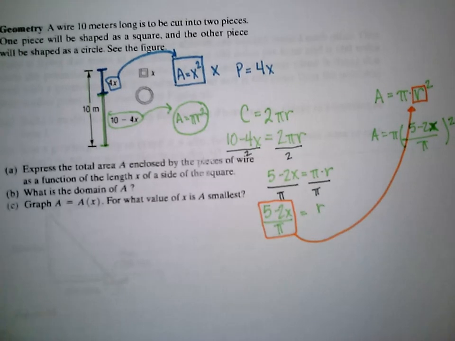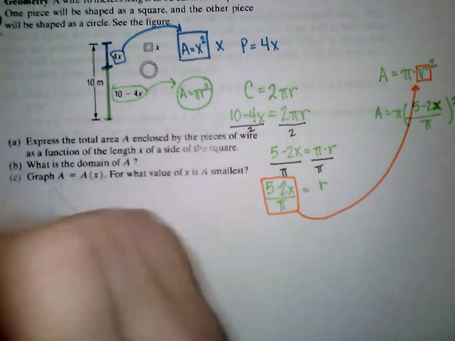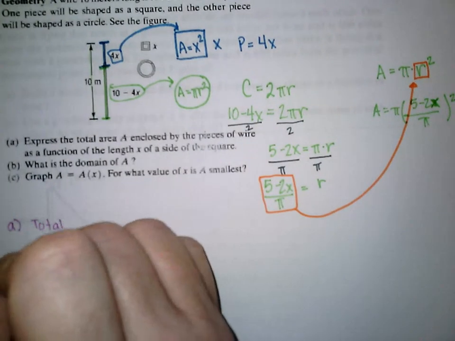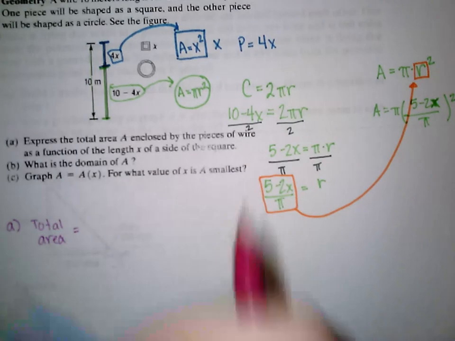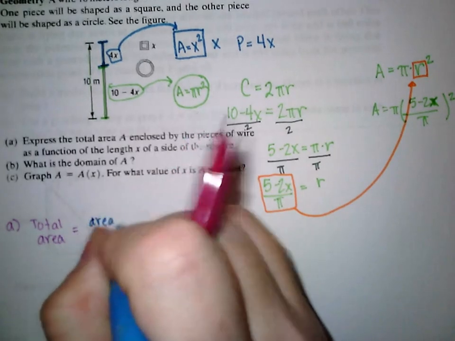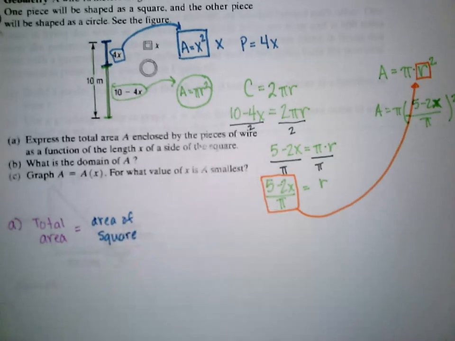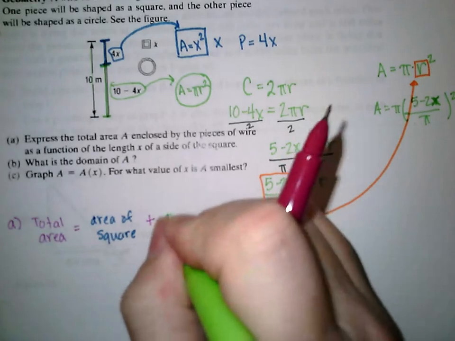I could clean that up a little bit, but for now I'm just going to leave it. So our total area for part A, the total area, which is what we're looking for, is going to be equal to the area of the square plus the area of the circle.